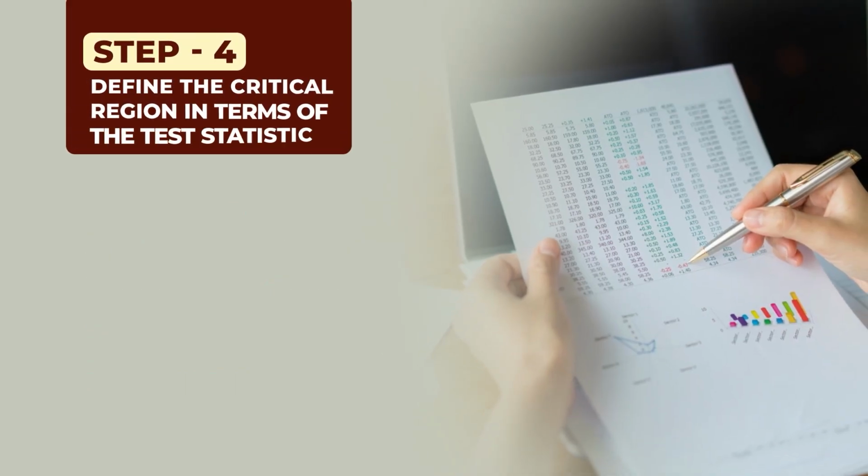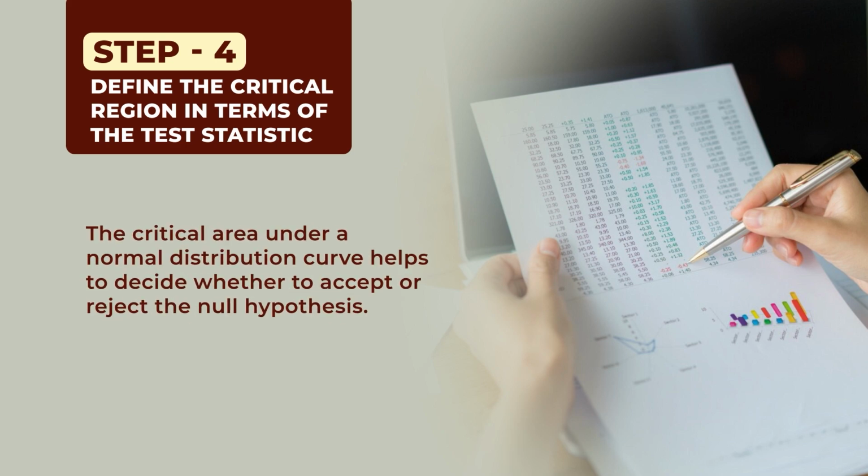Now let's see step 4, that is, define the critical region in terms of the test statistic. So here in this step, the researcher tries to establish a critical region. As we discussed, hypothesis testing evaluates whether the observed data provides sufficient evidence to reject a pre-established null hypothesis. The critical area under the normal distribution curve helps to decide whether to accept or reject the null hypothesis.